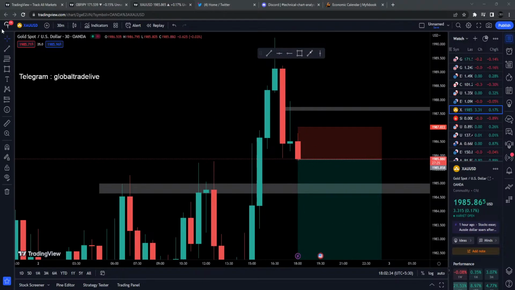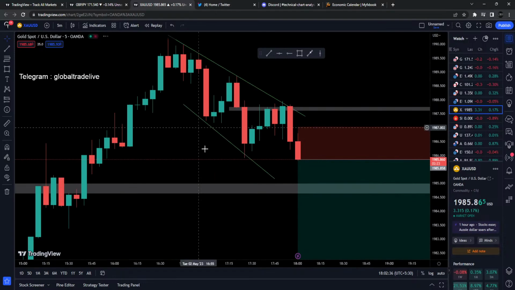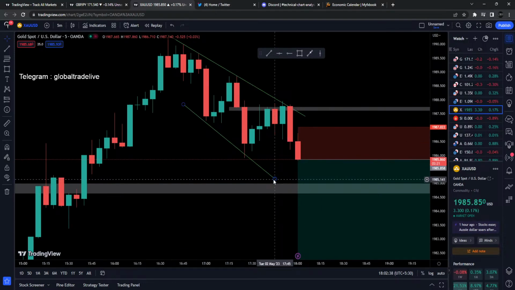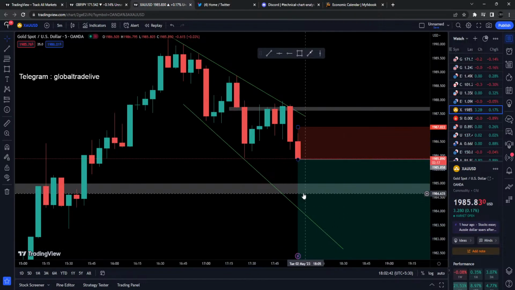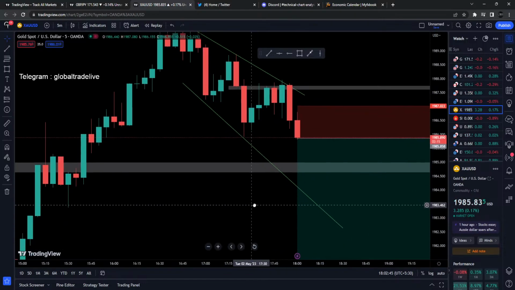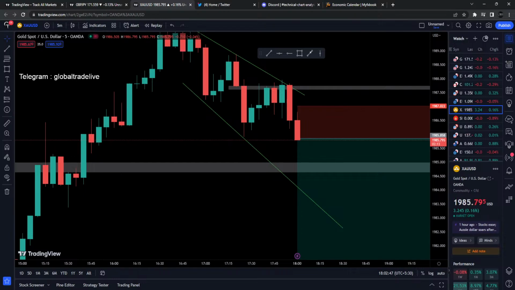So I'm gonna go back to 5-minute. So I think if it starts to go down, then it will be coming down like in this area for sure. So let's see. So I'm also ready to close the 50% trade as well to manage the risk, because that's also a very important part of trading. So let's see if we can get our 10 pips or not.